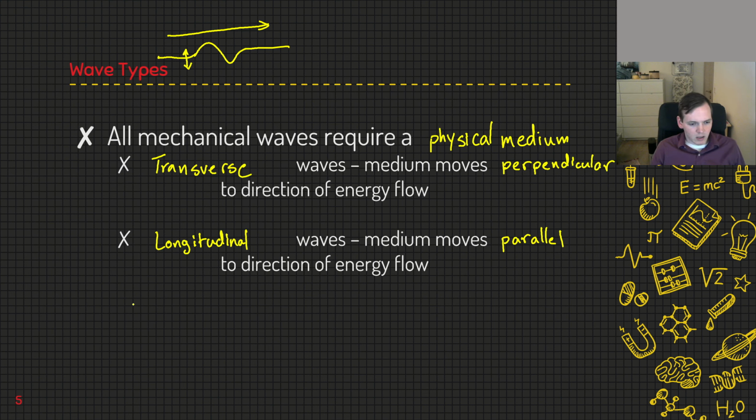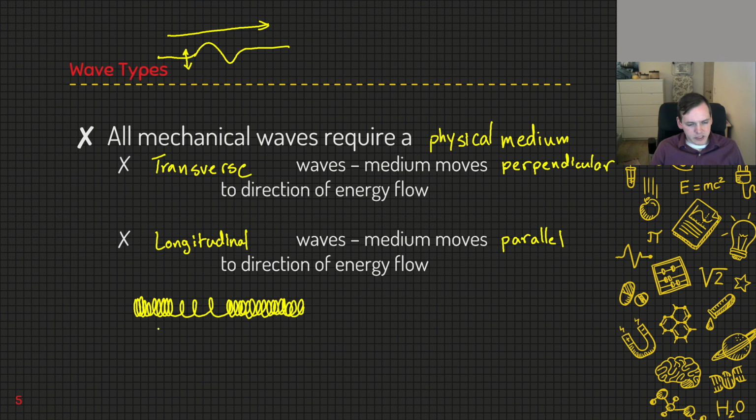Longitudinal waves, the easiest example of this is from the lab, the slinky. So at the slinky, you're going to have some sort of appearance. And this is backwards from what you saw in the lab, but you get the idea.